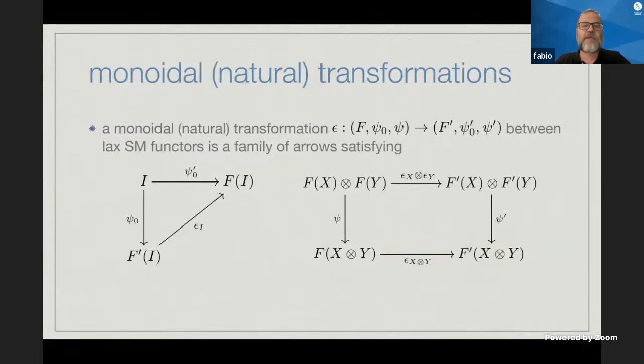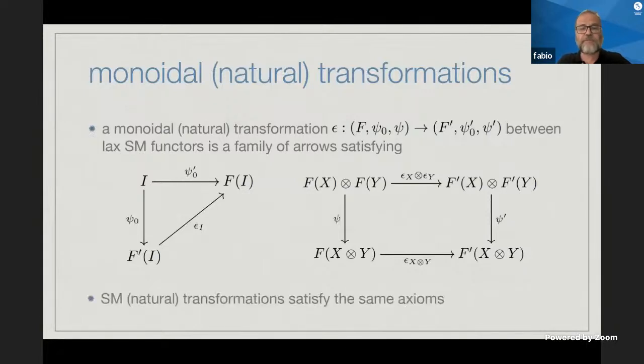Very well. What is a monoidal natural transformation? Note that I put natural in parentheses. A monoidal natural transformation is just a transformation between these two triples such that it has some commutativity with respect to the structural arrows.